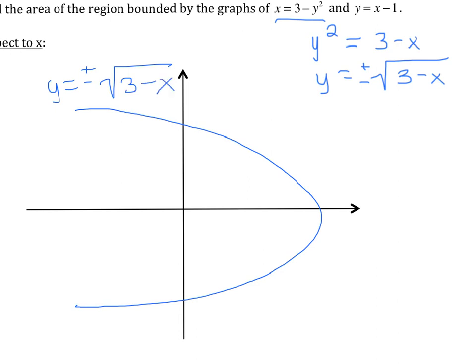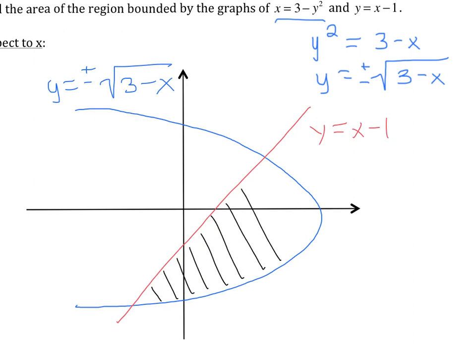The second curve is much easier. You'll have the curve y equals x minus 1, which is going to be basically this right here. And so we would be looking for this enclosed area right here.